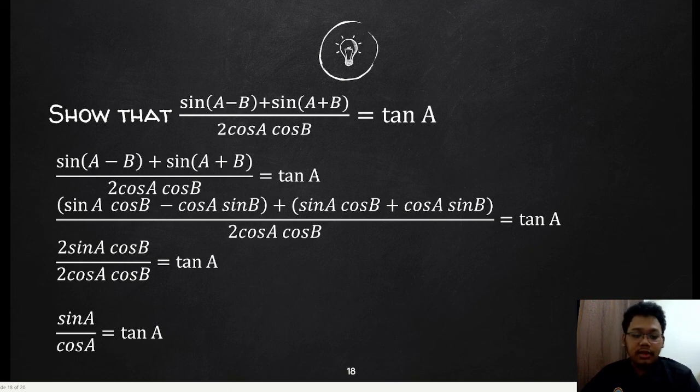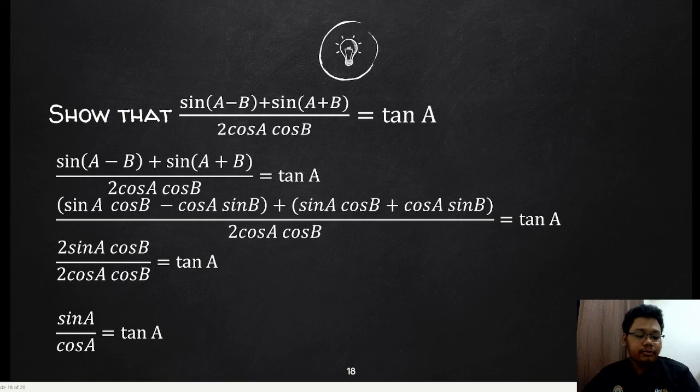So the negative will add with the positive, and with no coefficient, it will be 0. So cos A sin B cancels, leaving only sin A cos B plus sin A cos B, which is the same, so it will be 2 sin A cos B over 2 cos A cos B. Don't forget the 2 cos A cos B.